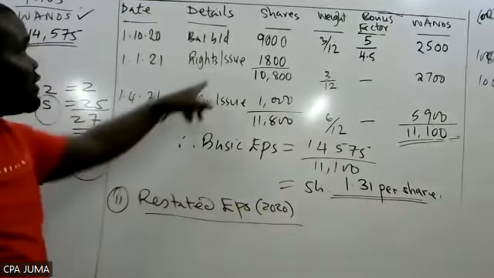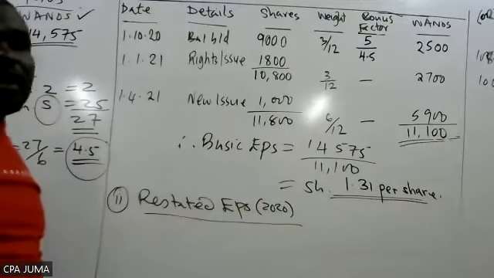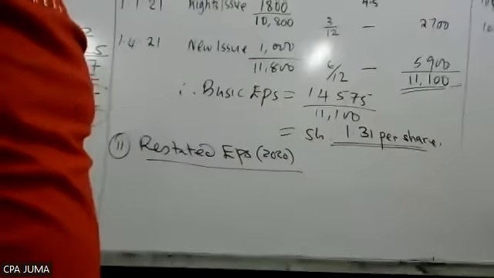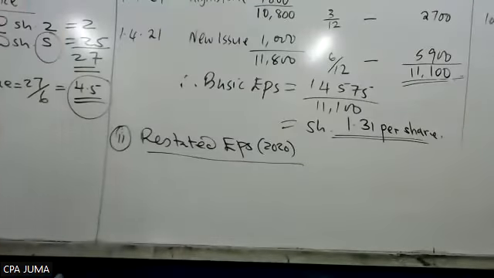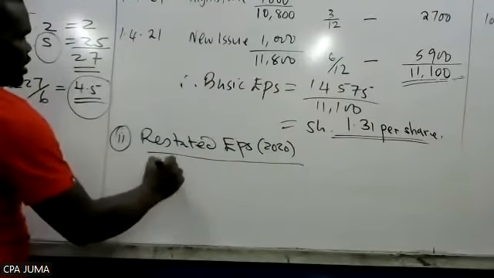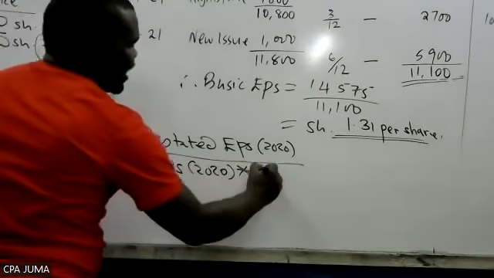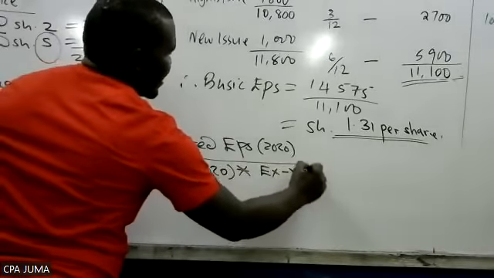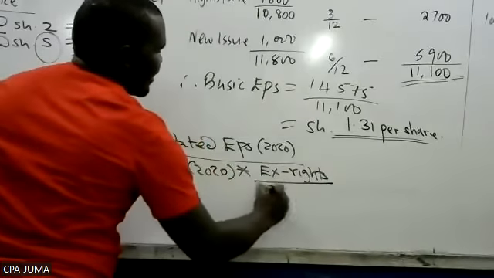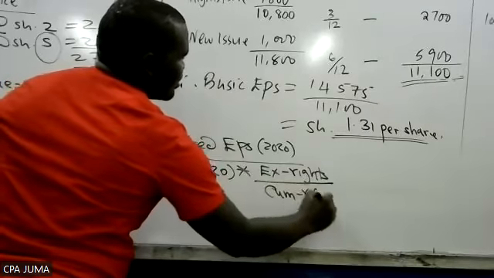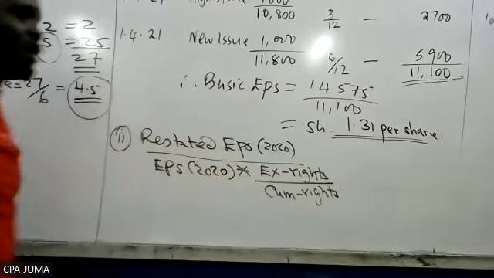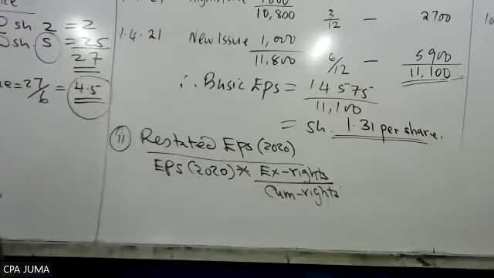So in the presence of a rights issue, you take EPS for the previous year, EPS 2020, you multiply with the ex rights, divide by the cum rights price. That is always the formula.